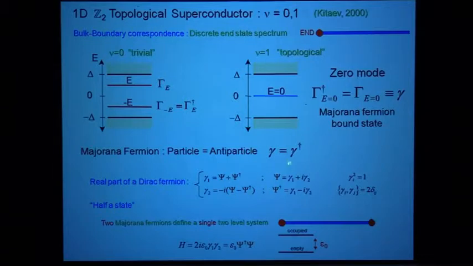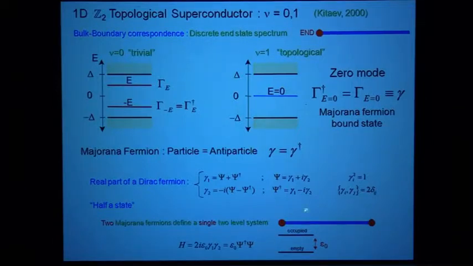Okay, and so for instance, if you have a one-dimensional topological superconductor, you're going to have a zero mode at both ends, and those zero modes define a single Dirac fermion, which defines two states. Okay, and so this is an interesting situation where, of course, if your one-dimensional system is effectively infinitely long, then this zero mode is protected.